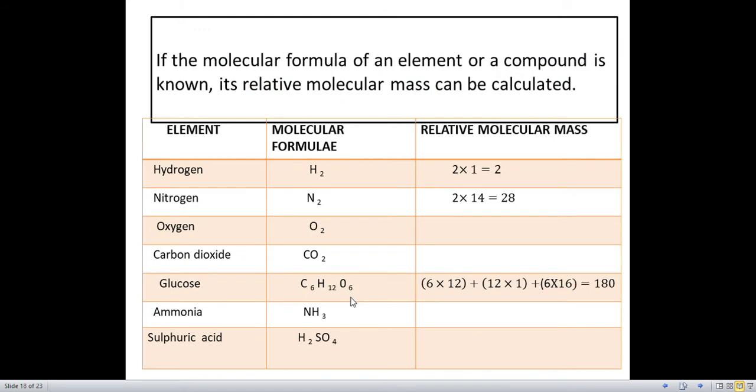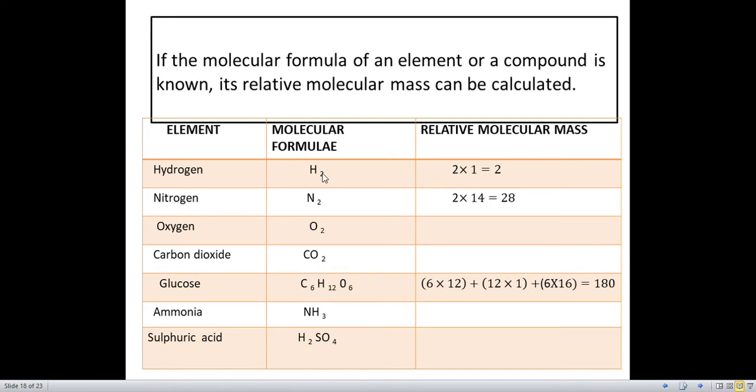If the molecular formula of an element or a compound is known, its relative molecular mass can be calculated. If we know the atomic mass, we can calculate the relative molecular mass of the molecules. First we will take the hydrogen molecule, H2. Mass number is 1.